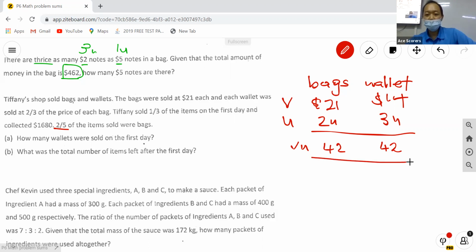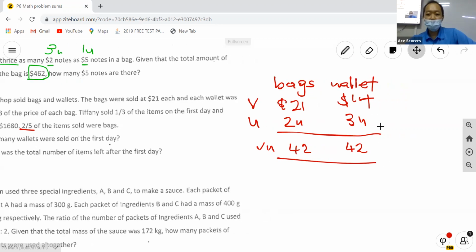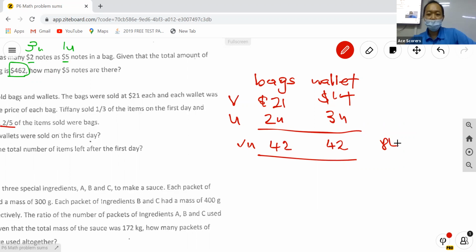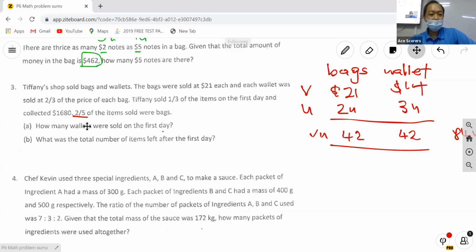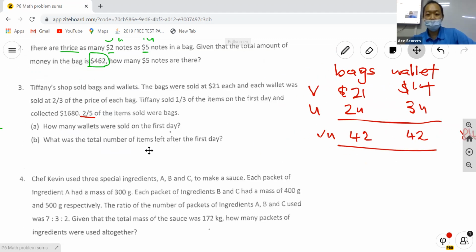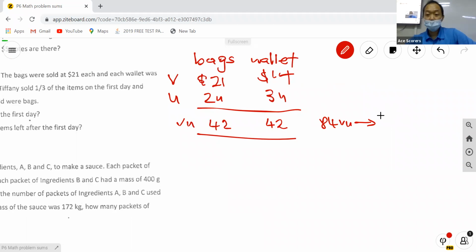What's the total number of BU? 84. 84 BU equals how much money? 1,600. 1,680. Okay, so 84 BU is $1,680. What is one BU?